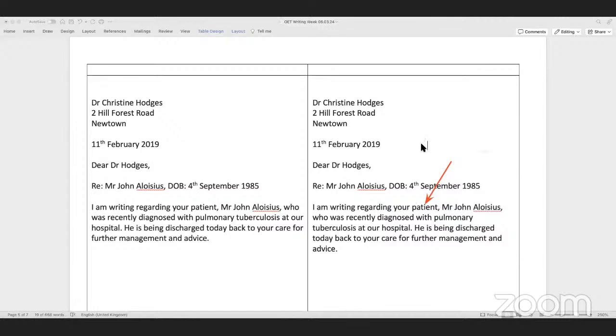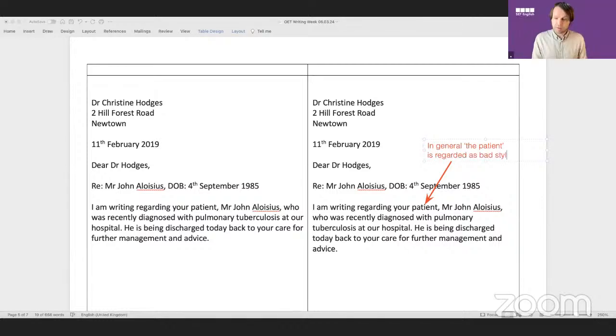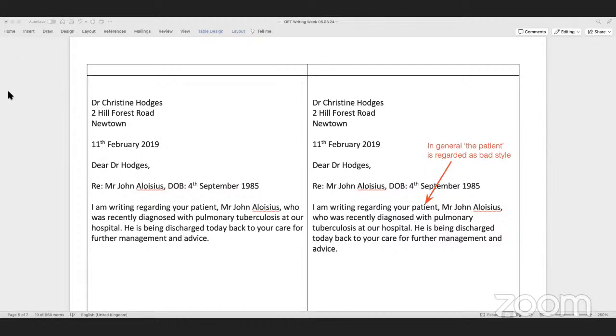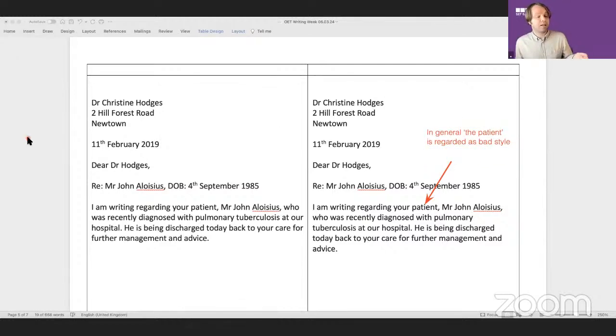Yes. Okay. Now, it said I'm writing regarding Mr. John. After Mr. John, it should be a comma, like a relative clause. Now, which is okay. But after patient, this comma is not necessary. So let's discuss this, guys. In general, what Nozad is saying, in general, OET say you should not use the patient.